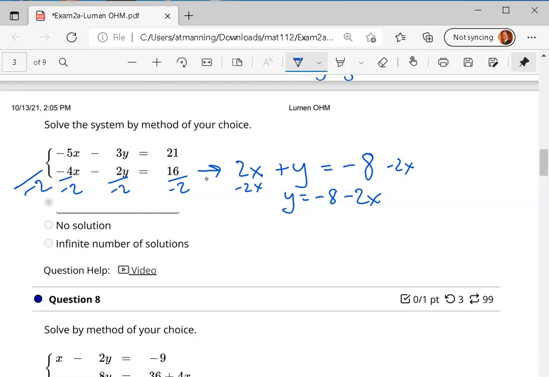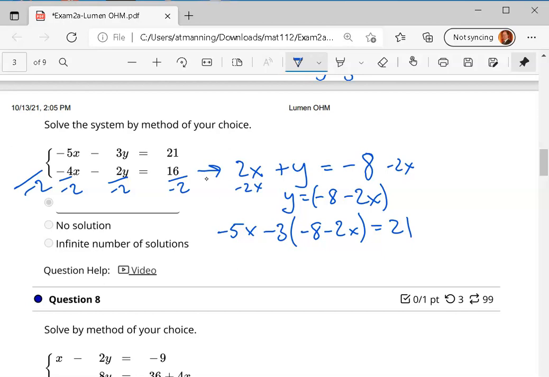I might as well go with that first one. So I know that negative 5x minus 3 times the y. Well, I'm going to substitute this. Let's put parentheses around it because we've got all the signs to worry about. Negative 8 minus 2x equals 21.